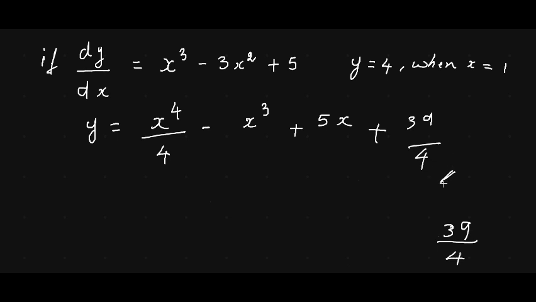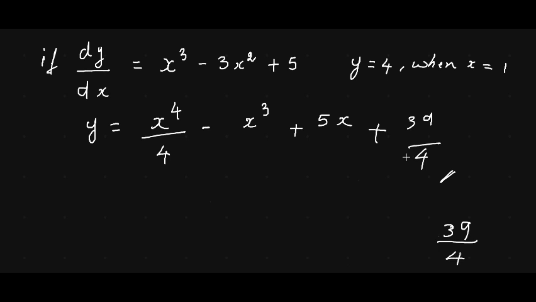Now I want to check in the book if the answer is right. x to the power of 4 by 4, minus x to the power of 3 plus 5x minus 1 by 4 is what they're saying.